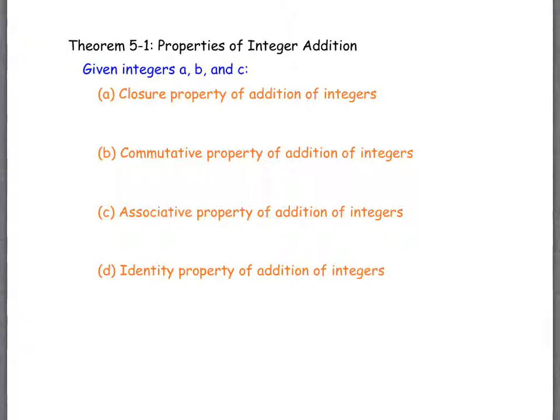That's what closure means in general, except that we have defined that the numbers floating around in the room are the integers. So closure property of integers says that if you have integers a, b, and c, then a plus b is a unique integer.